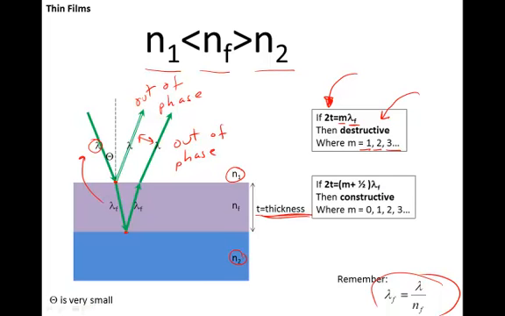And if we look at twice the thickness and we plug it into this equation, we would get constructive interference when m is equal to 0, 1, 2, 3, and so on. Now this only happens when this angle theta is very small. Basically, so close to 0, it's virtually 0.